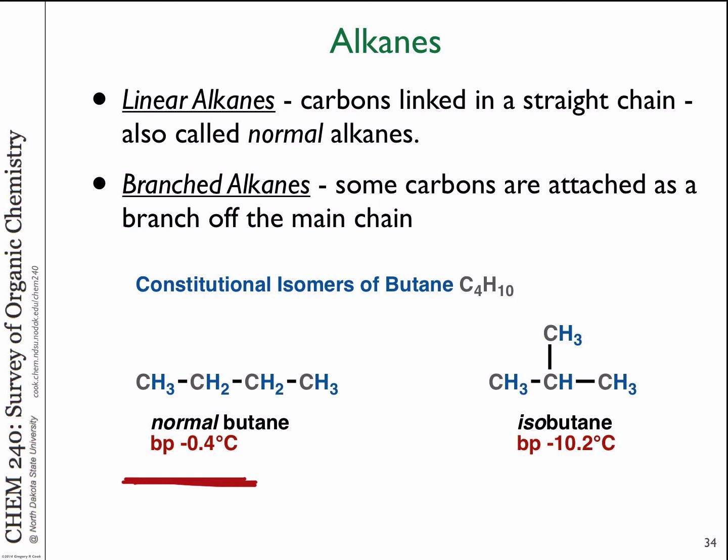If you have instead the isomer of butane, sometimes referred to as isobutane for obvious reasons, it has different physical properties. Not only is it shaped differently, notice you get a change in the boiling point. Boiling point goes down to -10. So isomers can have different physical properties.